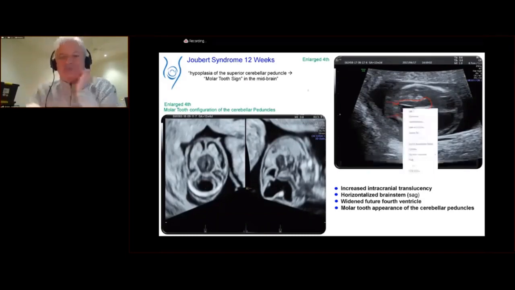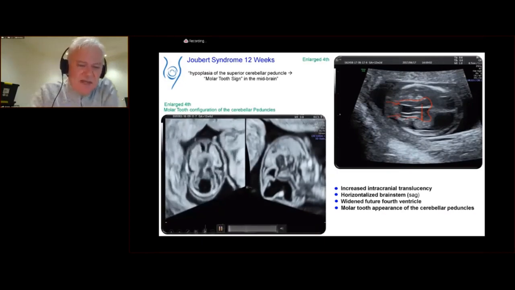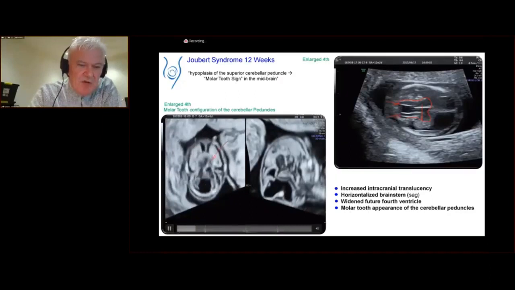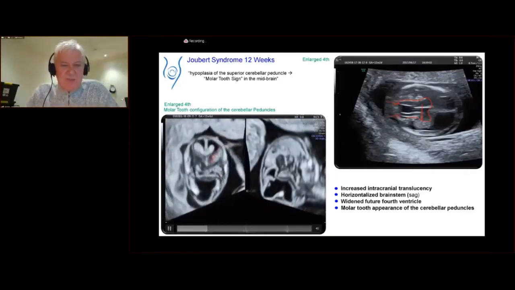So exactly as you would expect to see on MR, and even more striking so in this case, when you look at the posterior fossa here, you will see, as you play this image, that here you have your midbrain and the roots of the molar tooth, which is essentially hypoplasia of the superior cerebellar peduncles, giving rise to this midbrain finding.